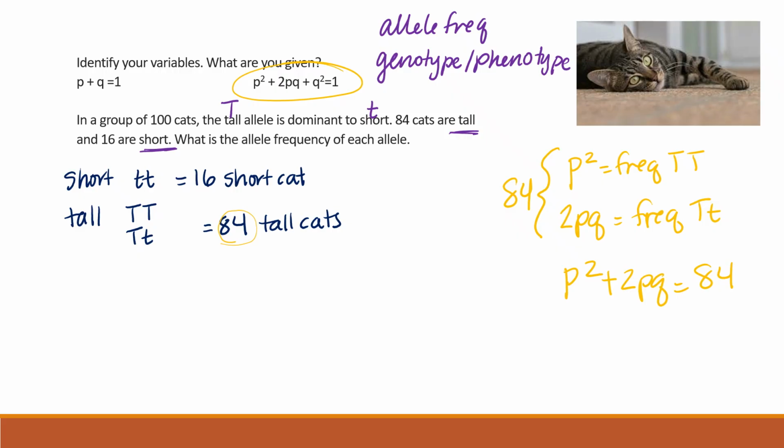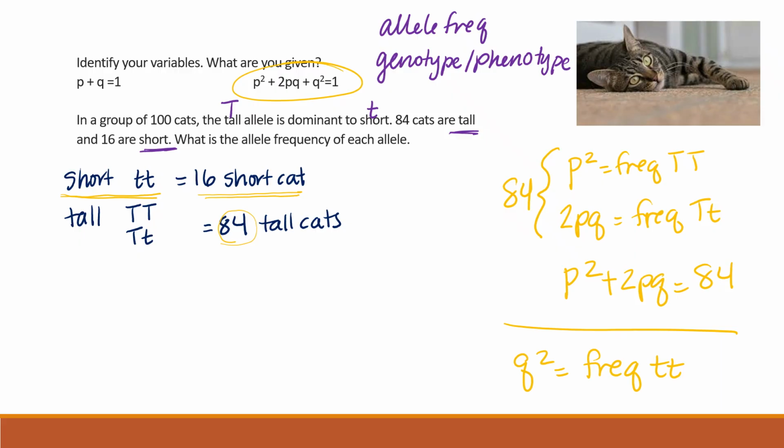But we do know that q squared is going to be the frequency of little t little t. And we do know how many individuals are that genotype because the short genotype is represented in these 16 cats. So all of those 16 cats are homozygous recessive.